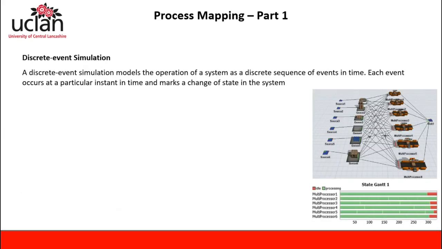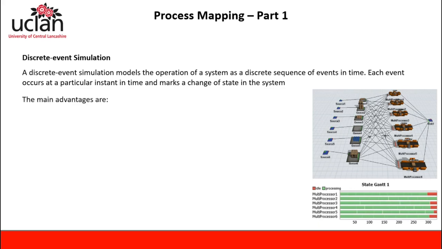So with your process map now complete, it can then be useful to model this series of processes in simulation software so that you have a virtual reproduction of the current state of your manufacturing process that you can then experiment with. This particular type of simulation software is called discrete event simulation, and it's used to model the operations of a system as a discrete sequence of events in time. And every event occurs at a particular instant in time and usually marks a change of state in the system.